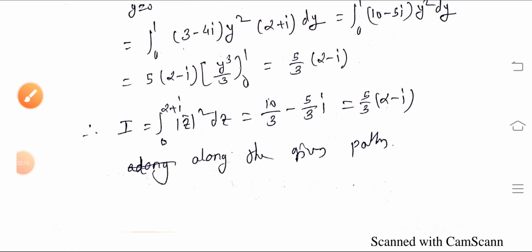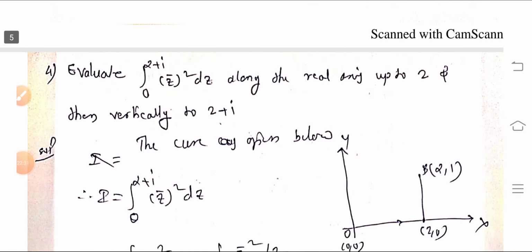Therefore I, the integral from 0 to 2 plus i of z bar square dz, equals 5 by 3 into the bracket 2 minus i, that is 10 by 3 minus 5 by 3 i, or we can keep it as 5 by 3 into the bracket 2 minus i, along the given path, which is the line. Hence the solution.